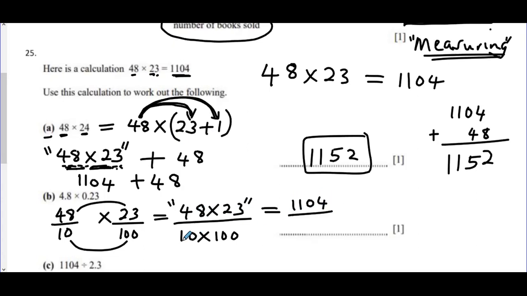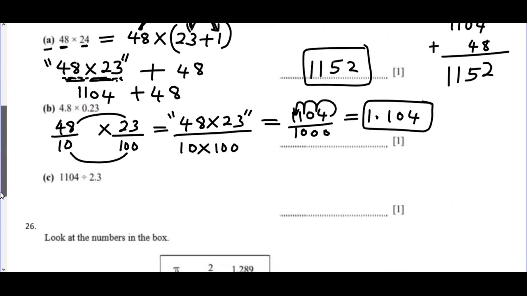Then 10 times 100 is equal to putting the zeros next to each other, so it will be 1,000. Any number divided by 1,000 requires you to count 3 decimal places from the right-hand side going left. Then you have your answer, which is 1.104. This becomes your final answer. Okay, so let me do this one.